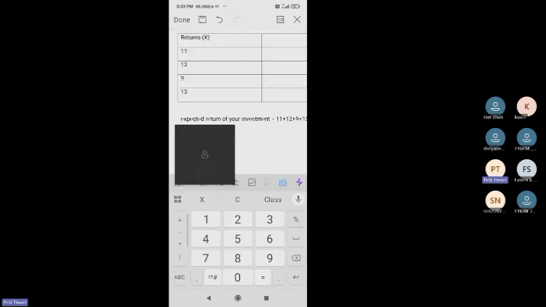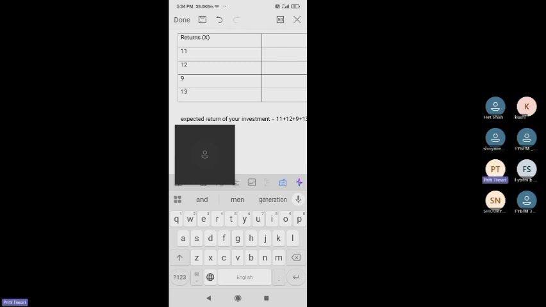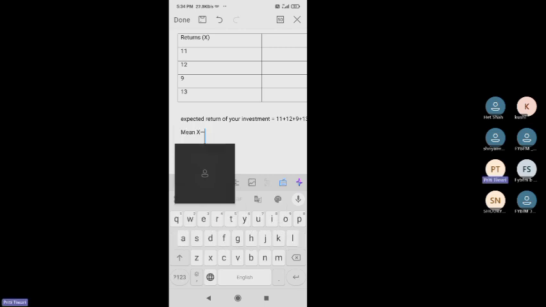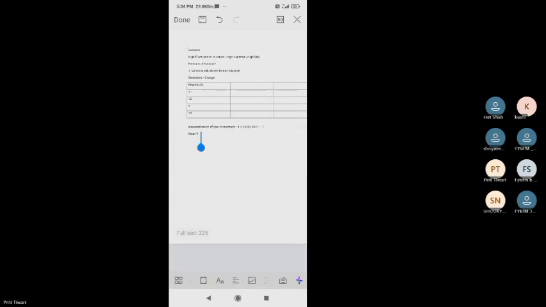X bar. The symbol of mean is X bar. Your mean was 11.